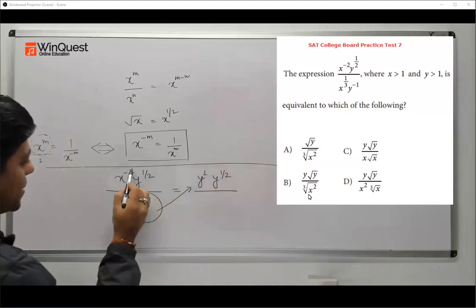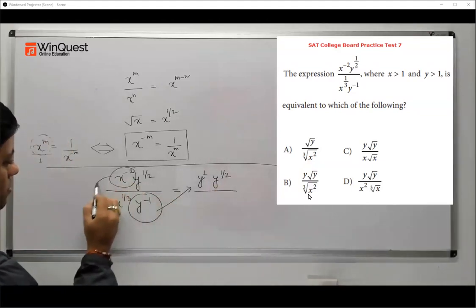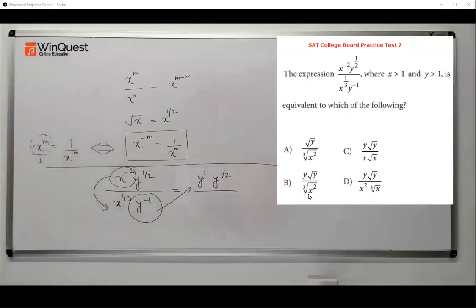And now my next step is I want to bring this down. What should I do? Make the 2 positive. Are you sure? Yes, once it's down in the denominator, the 2 will be positive. Ananya, Dia, I agree, sir.